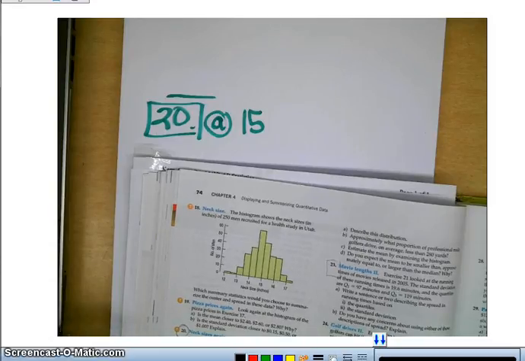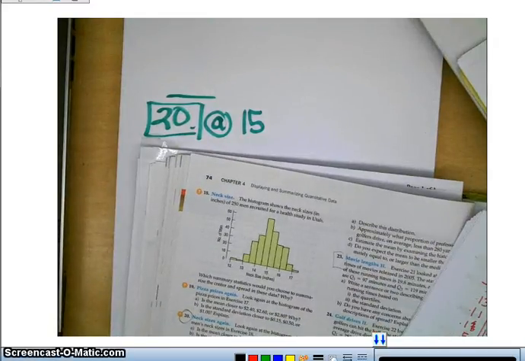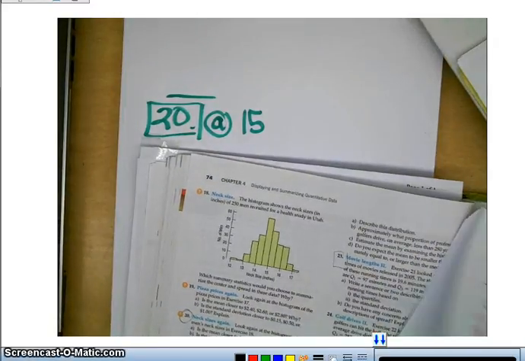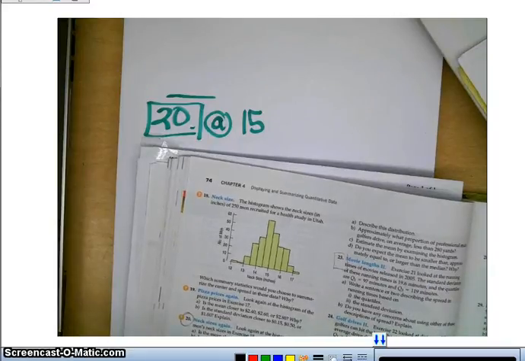So, standard deviation, we actually talked about a little bit in our notes. Standard deviation is the measure of the distance that a lot of the data is from the mean.